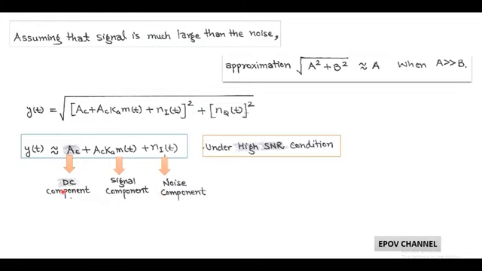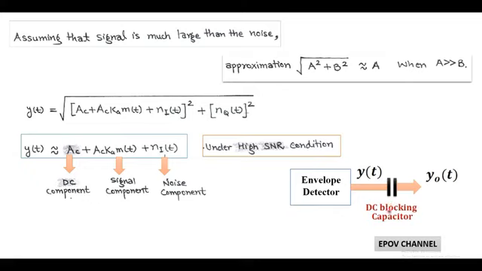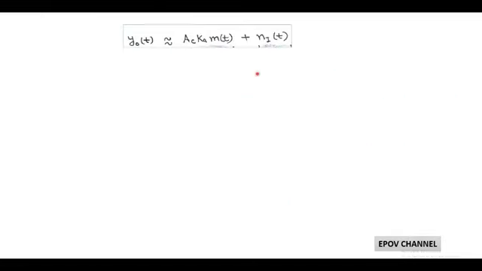Here DC component can be removed by capacitor called as DC blocking capacitor. So the output of blocking capacitor becomes Ac Ka m(t) + nI. Here first term is scaled version of message signal and the second term is in phase noise component.